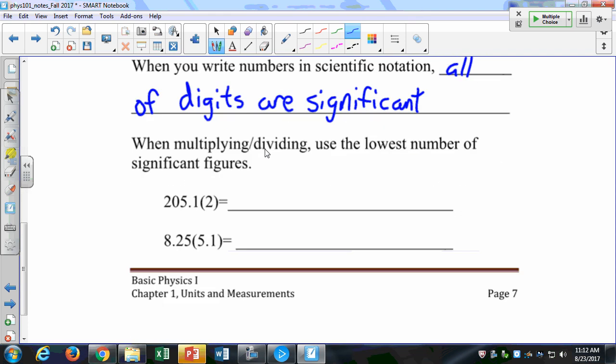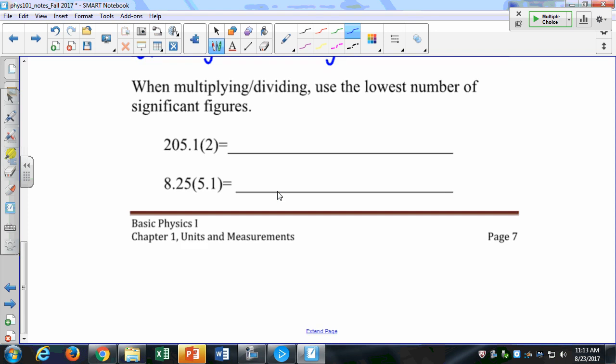All right, now on your test, you're going to have questions that are like this, that when you're either multiplying or dividing or when you're adding or subtracting, you'll probably just have one question maybe 2. Not very many, but you need to know, you don't want to miss any. When you're multiplying or dividing, you want to use the lowest number of significant figures. So for example here, if I were to do this in my calculator or just in my head, I get 410.2.